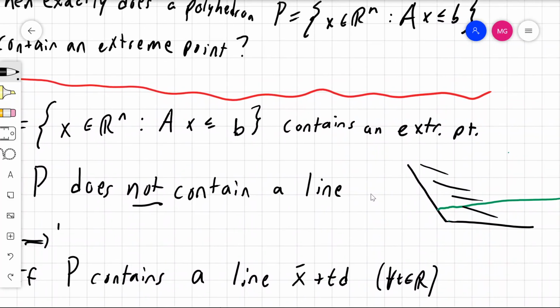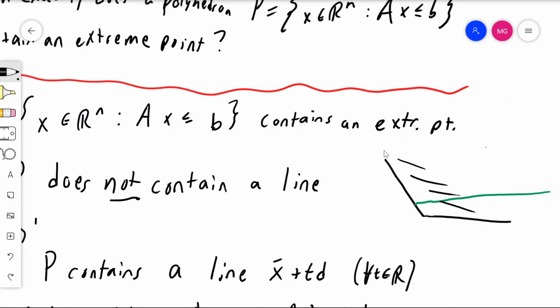Here's a rough idea with this picture. If this was the polyhedron in the shaded black part, there would be an extreme point, this corner point right here. But if we also had a line, let's say this green line, we can't contain the entire line because it must stop when it hits this wall here. If it kept going, we'd be outside the feasible region. The only way to make that work is if we stretched this boundary downwards, and then had a line that went parallel to the boundary.